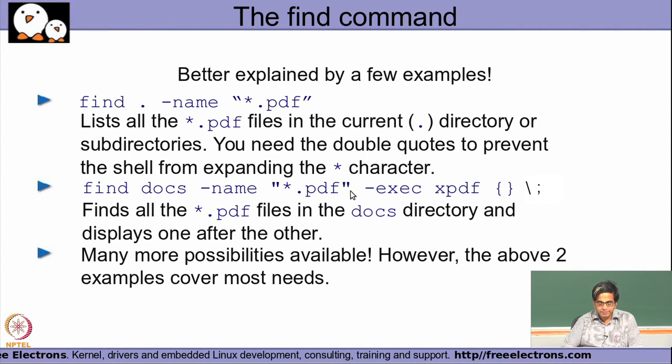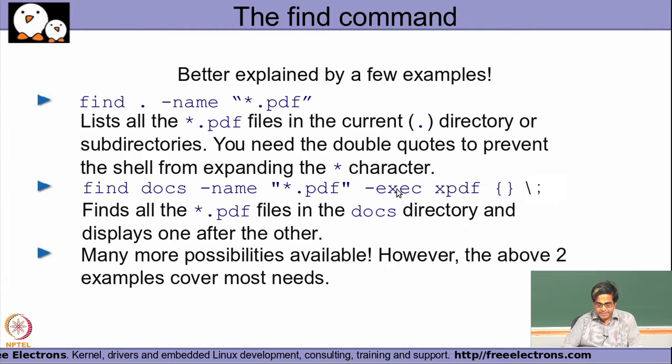Minus name star.pdf. Again, as in the previous example, find all the files which are ending with .pdf, that is why it is star.pdf. So, find all the star.pdf files in the docs directory, and whenever you find a .pdf file, what should the find command do? That is what we are specifying with the minus exec option, right.